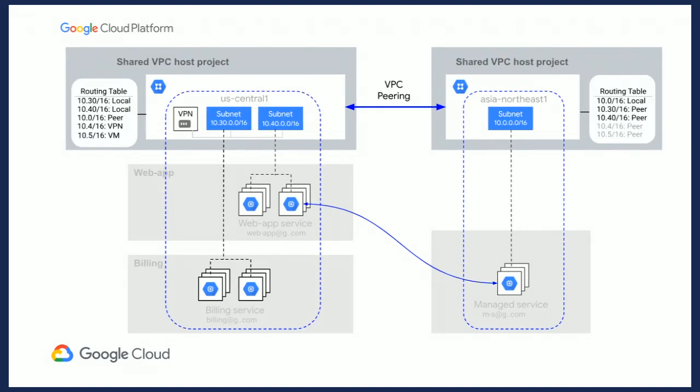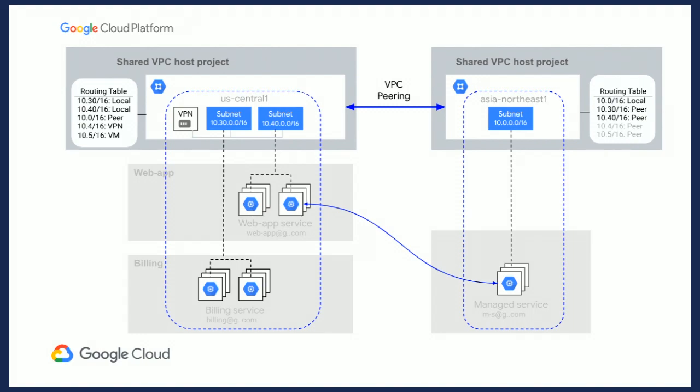So let's say you have in the consumer VPC a routing table where you can see the local routes for the local subnets. You can also see the peer route for the peer subnet. And let's say you have added two more static or custom routes in the consumer VPC. The first one, 10.4/16, is configured to go to your on-prem via VPN.